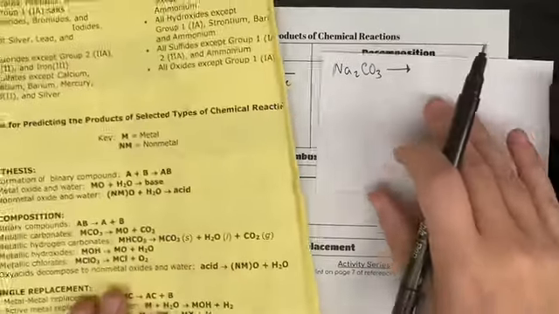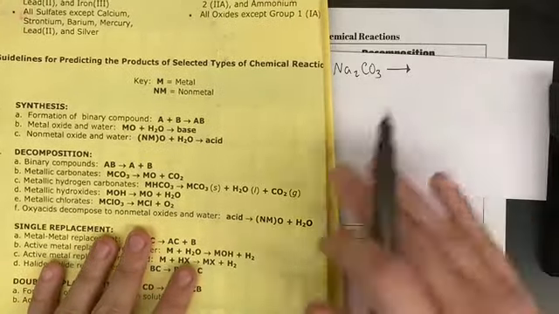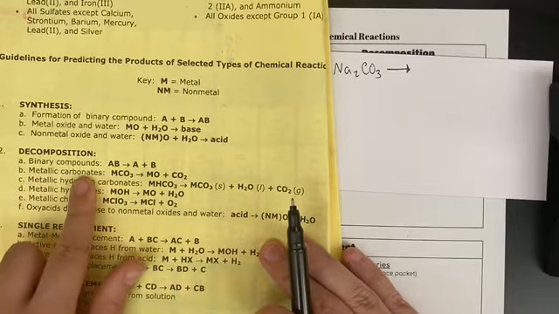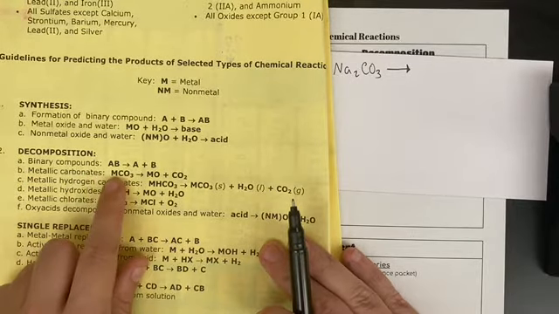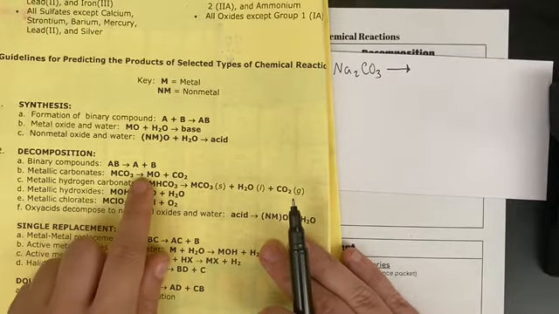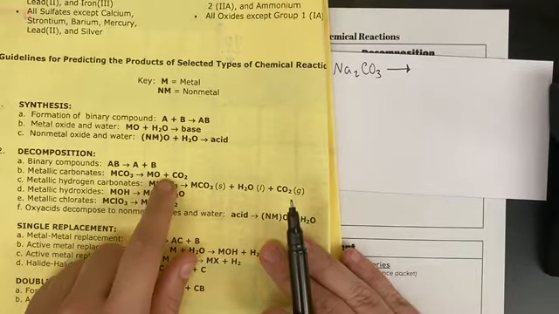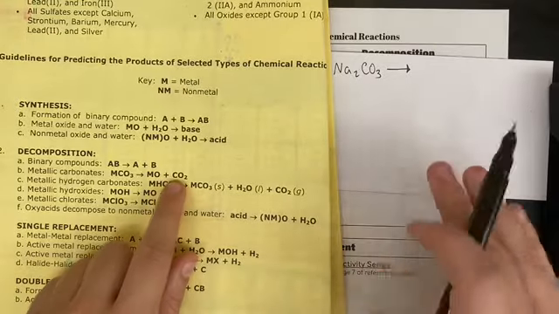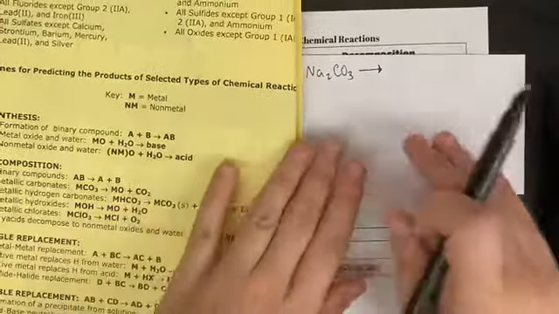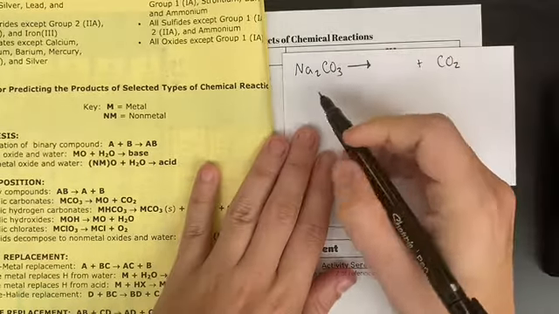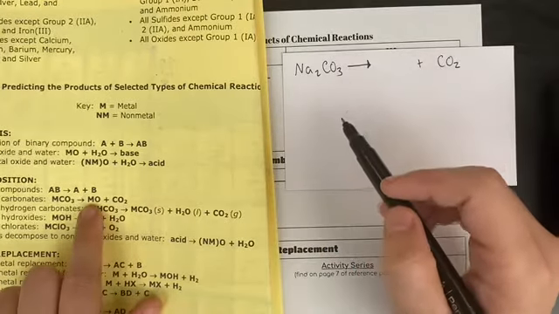So if I look at my reference packet, under decomposition, we do have metallic carbonates. So it looks like that metallic carbonate is going to split up into that metal with oxygen again, but this time with CO2, carbon dioxide. So I'm gonna have something plus CO2, and it's gonna be that metal oxide again.